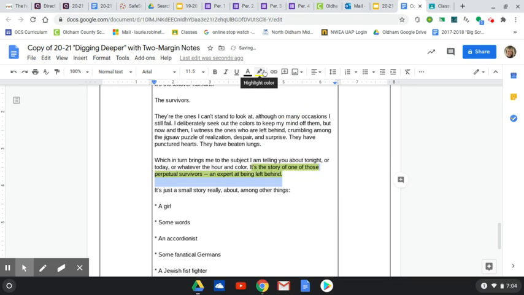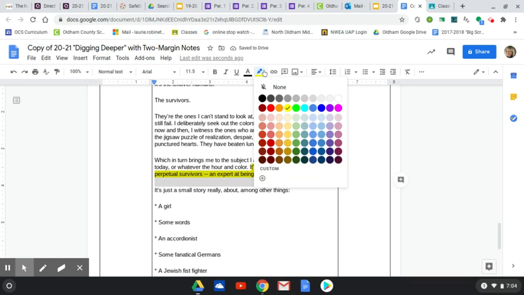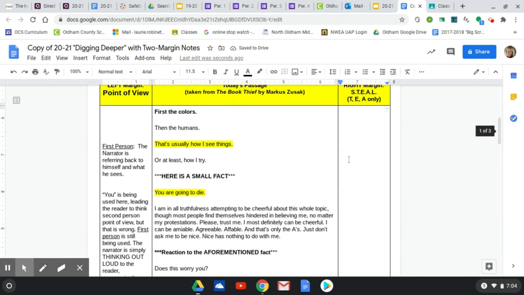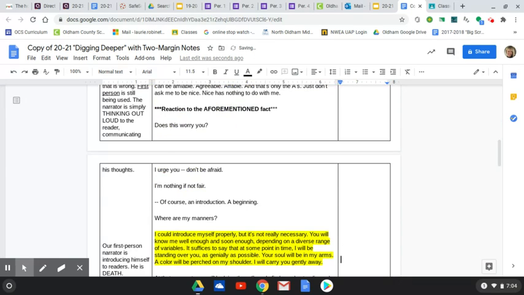And actually, I originally used yellow for point of view. I think I'm going to use a different color for STEAL. And here I'm going to need to space down so I can get next to my newest highlight.